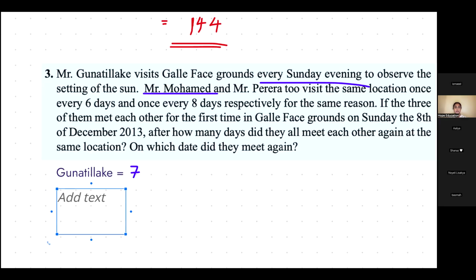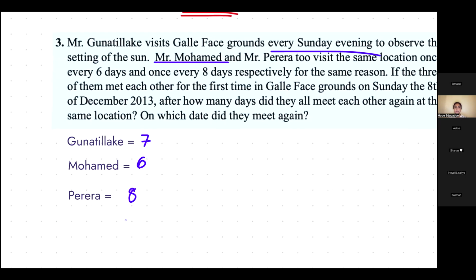So we have to find the LCM. 7 is a prime number, 6 is 2 times 3, and 8 is 2 times 2 times 2, which means 2 to the power 3. So the LCM: the highest power of 2 is 2 to the power 3, the highest power of 3 is just 3, and we have 7.